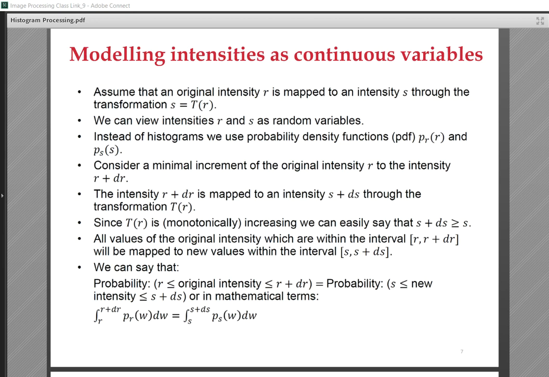Probability density function. In Iran, we say چگالی احتمال, تابع چگالی احتمال. تابع is the same in Persian and in Arabic, and احتمال is the same for Persian and Arabic, but چگالی is only in Persian.